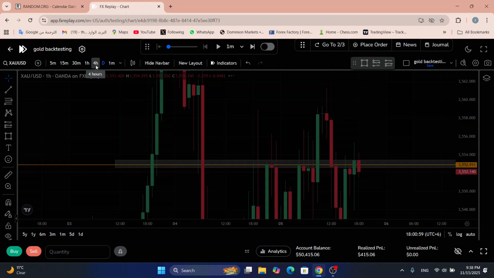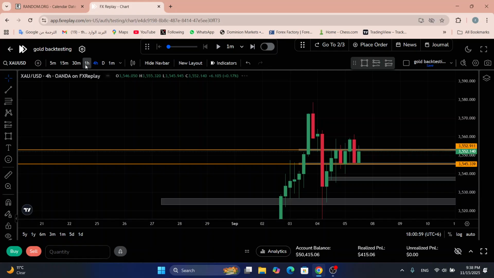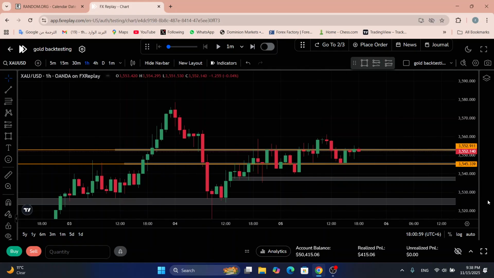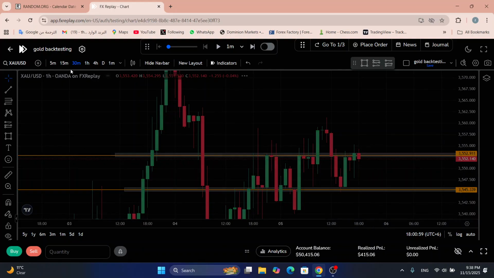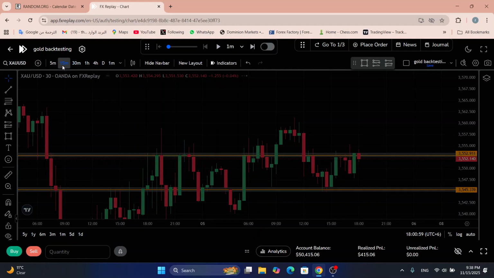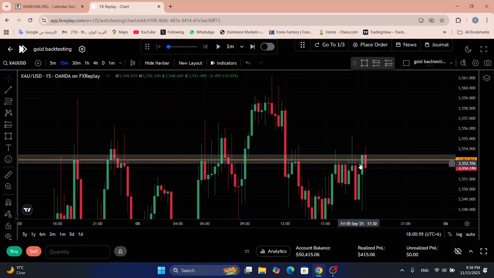Let's check the daily. Okay, the daily is bullish. 4 hour is also bullish. 1 hour just opened now, and I believe it's creating a bottom wick. 30 minutes too. Oh, so there's only one concern, which is the 30 and 15 minutes.